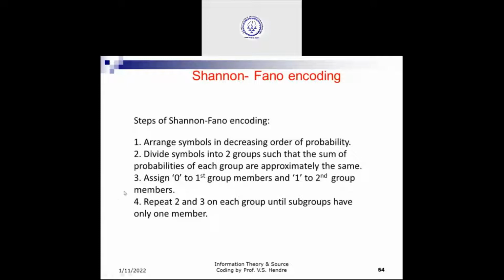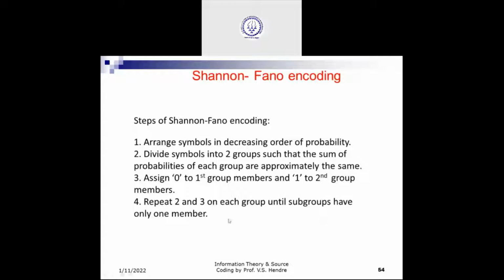Step 3, assign 0 to the first group members and 1 to the second group members, and repeat steps 2 and 3 on each group until subgroups have only one member.